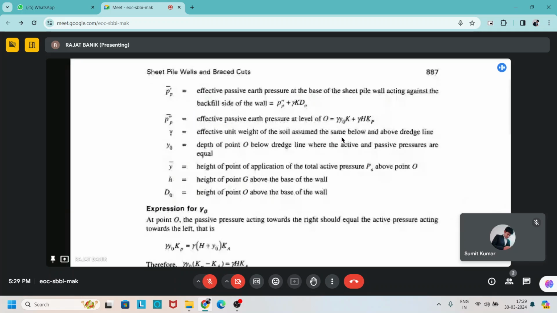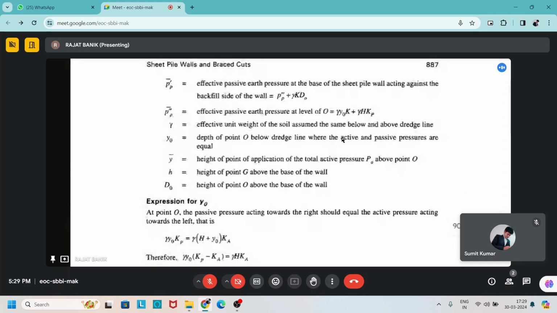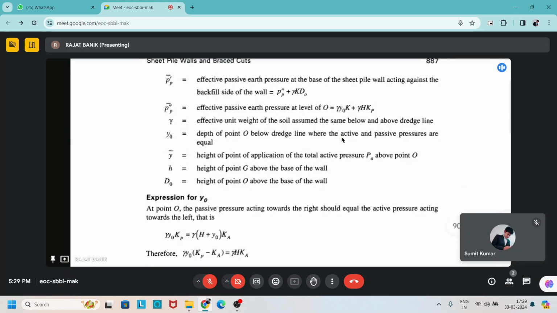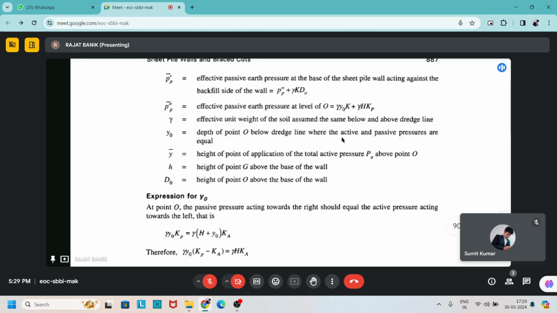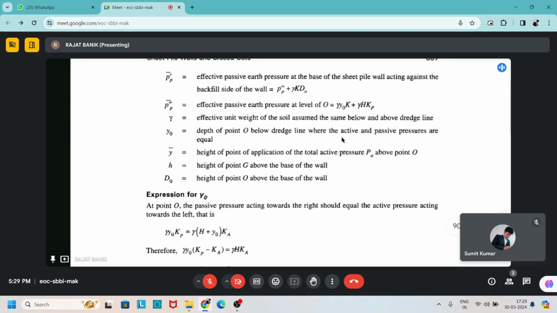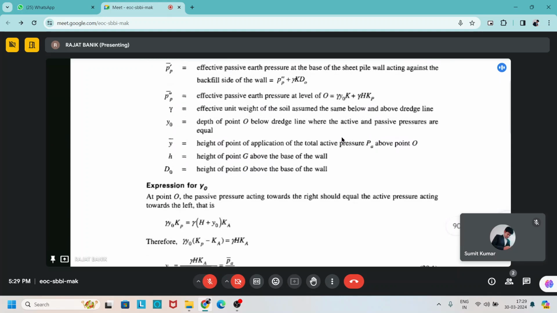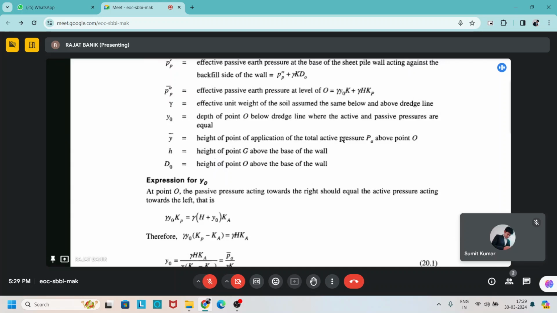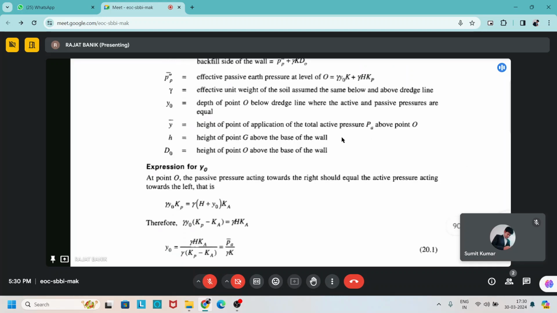Gamma is the effective unit weight of the soil, assumed the same below and above the dredge line. Y naught is the depth of point O below the dredge line, where the effective active and passive pressures are equal, that is, net pressure is zero. Y bar is the height of the point of application of the total active pressure P above the O point, and H is the height of point P above the base of the wall. D naught is the height of the point O above the base of the wall.